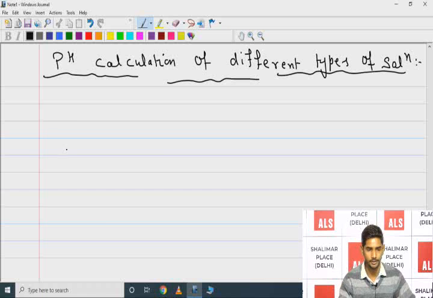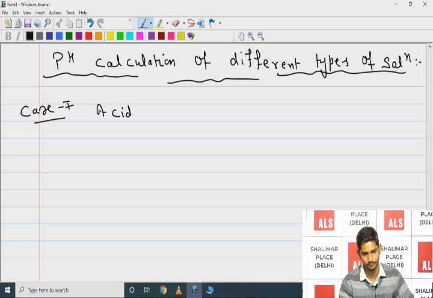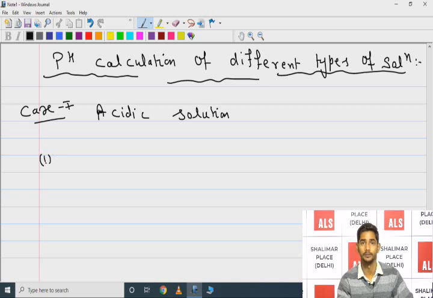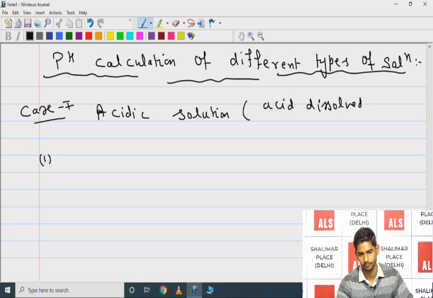See, case 1, acidic solution. Here the subtopics are, and one more important point you can remember, that the acid is dissolved in water. Means without that, they won't act as an acid or a base.